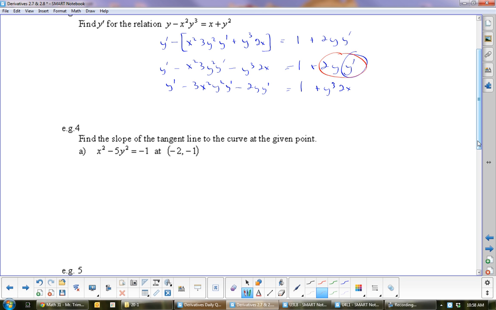Then we'll go through the same old scenario of taking out the y prime, leaving me with 1 minus 3x squared y squared, right? I feel like I made a mistake here somewhere. 2x squared y.